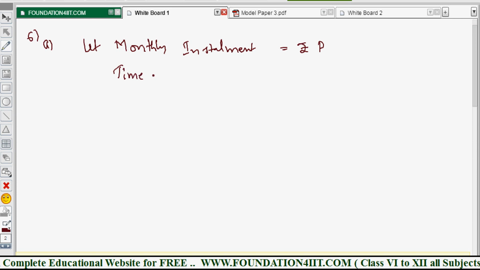Time is 3 years. If you convert into months, that is 36 months, so n is equal to 36. The rate of interest is 11%, so the R value is 11%. These three are given, and we need to find the interest first.